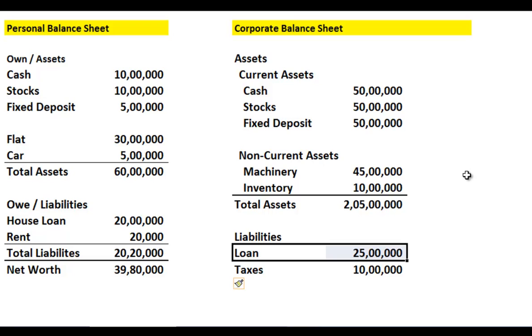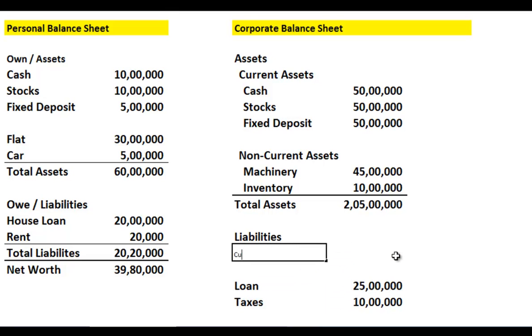It's a 10-year loan. You probably owe only like maybe 1 lakh in this quarter. So what is a current liability is what part of this loan do you owe this period.